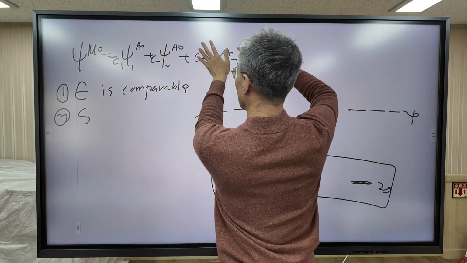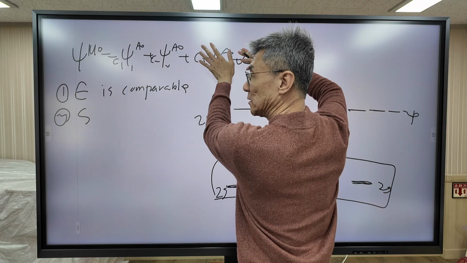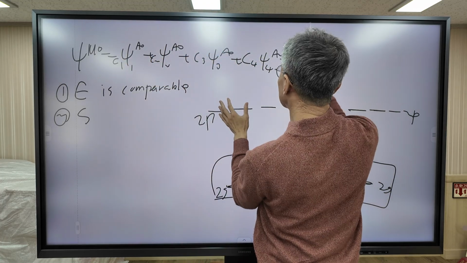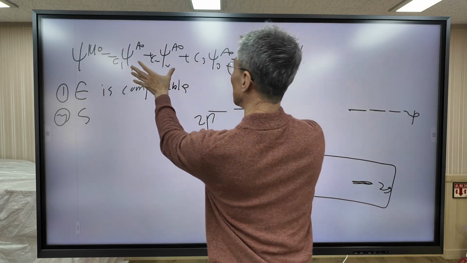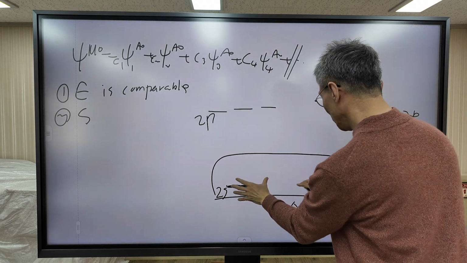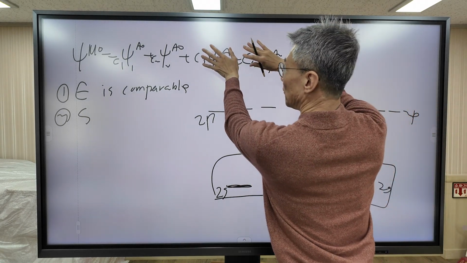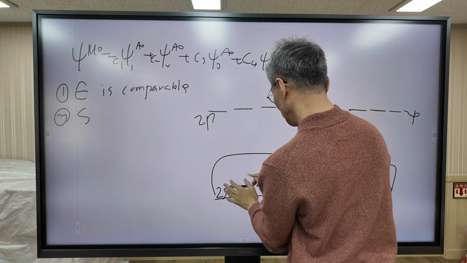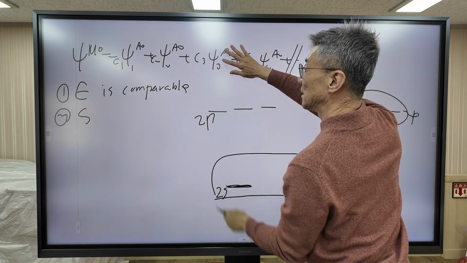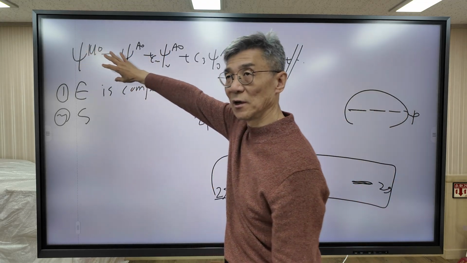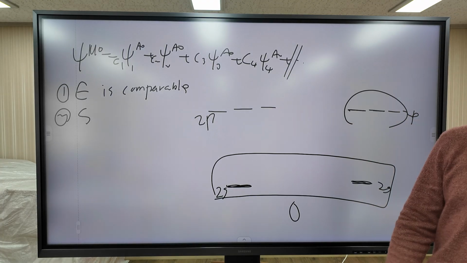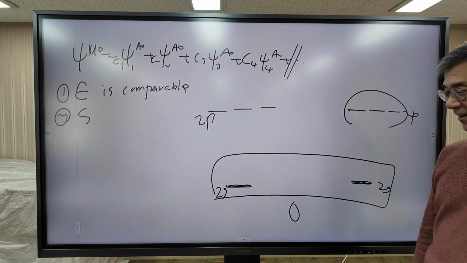For O2, we only need two orbitals, but sometimes two terms are not enough. We need more terms. This is the nitrogen case. Four terms are needed. Normally, to construct this orbital, only the 2s term is enough for oxygen. But for nitrogen, to construct the molecular orbital, the 2p orbital term is needed. So tomorrow we are going to use this one. Okay, do you have an answer? Then see you tomorrow.